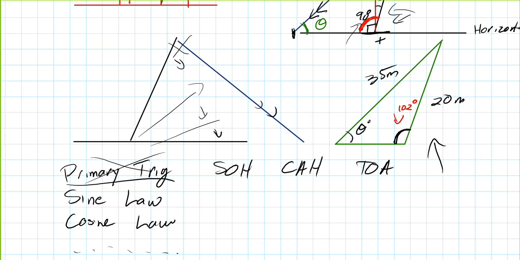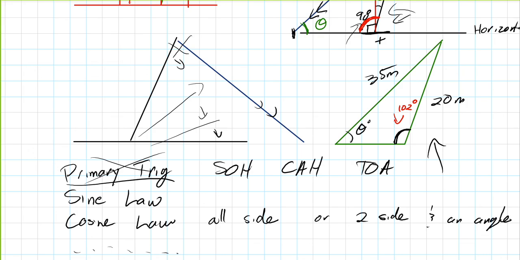You need to create a ratio to use it. Cosine law, you need either all sides, or you need 2 sides and an angle.